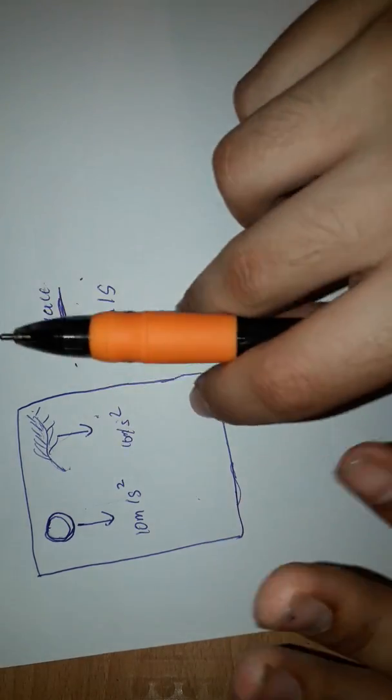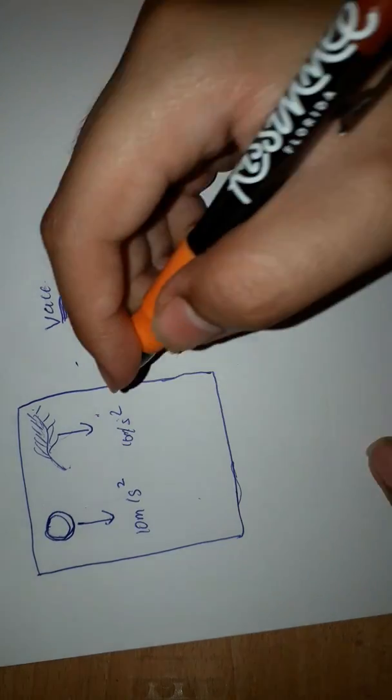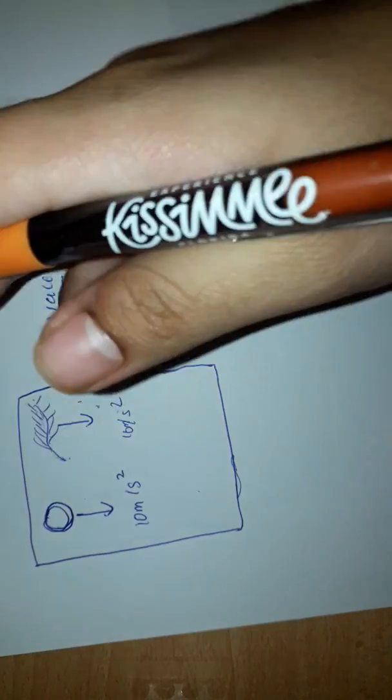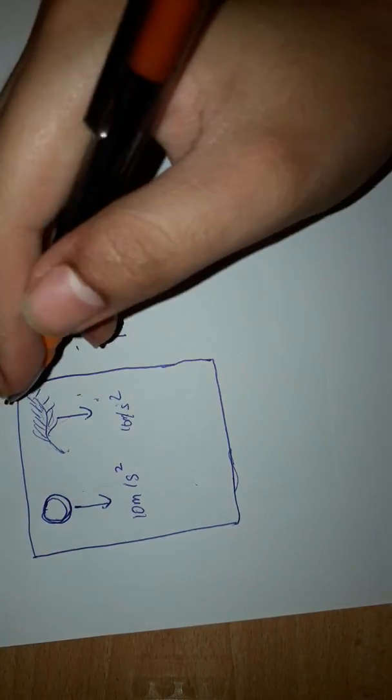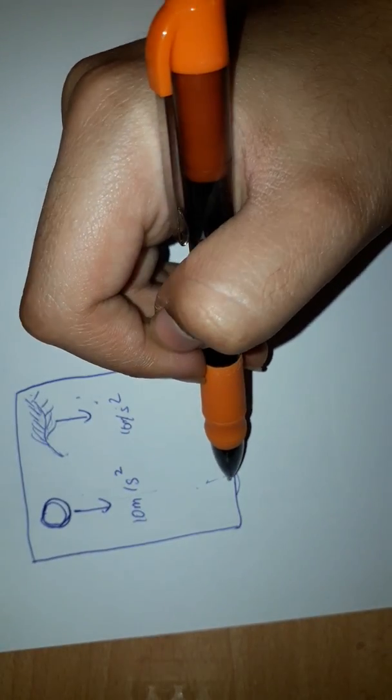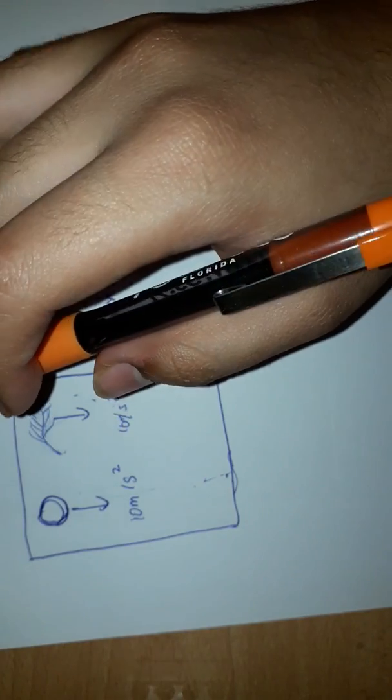But if there were air particles present, they would provide air resistance and slow the feather down, because the feather has more surface area. So the ball would reach the ground first if there was air.